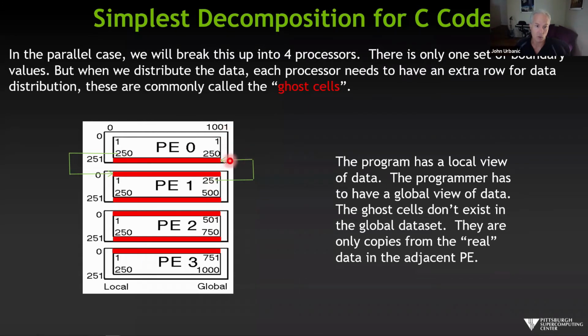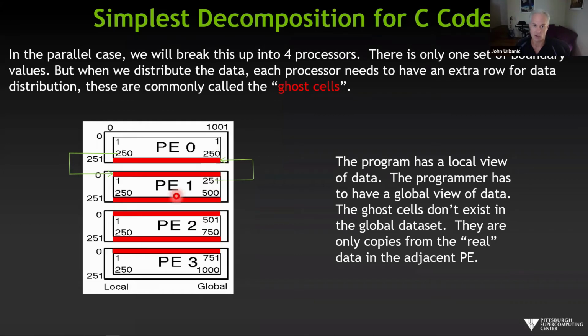But in reality, our coordinates go from 0 here, which is a boundary condition up here, to 251 here, which is this ghost row. And then row 0 here corresponds to row 250 up here, and it's the ghost row copy of it. And then PE1 starts with its real row 1 here. It's really calculating, out of our original coordinate system, row 251.